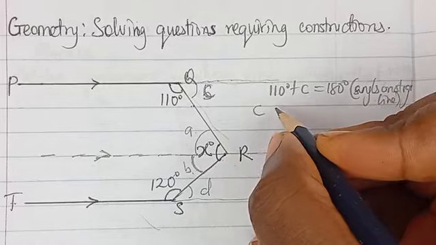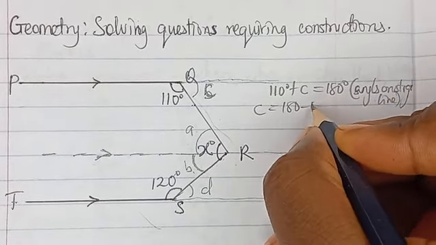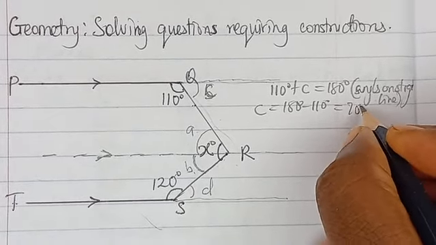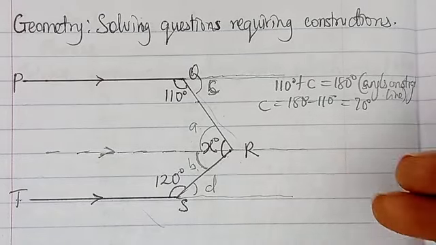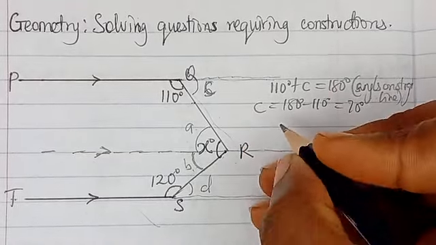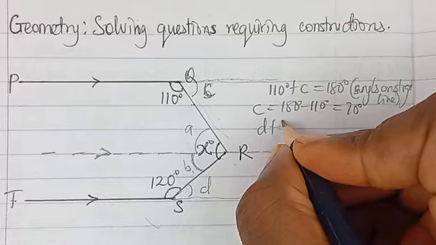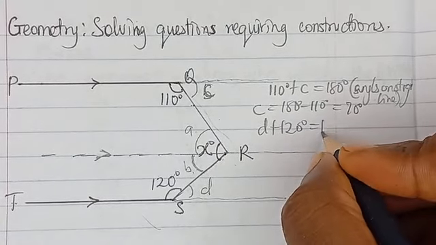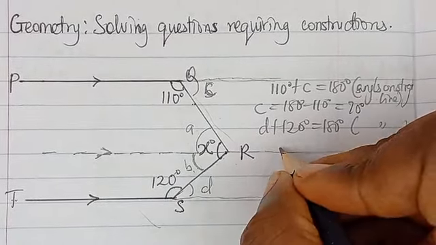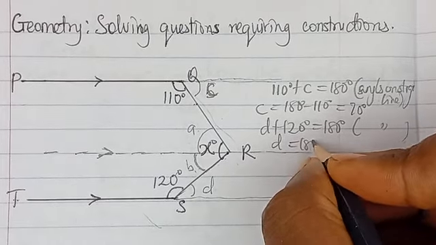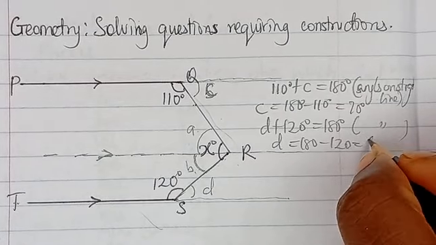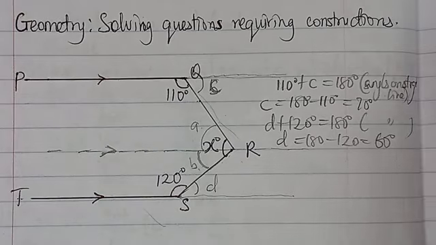Okay, so we have that angle C is equal to 180 minus 110 degrees, which is equal to 70 degrees. So going over to angle D, we have the same thing, angles on a straight line: angle D plus 120 degrees is equal to 180 degrees. So the same reason we have here, and then angle D is equal to 180 minus 120 degrees, which is equal to 60 degrees. Beautiful.